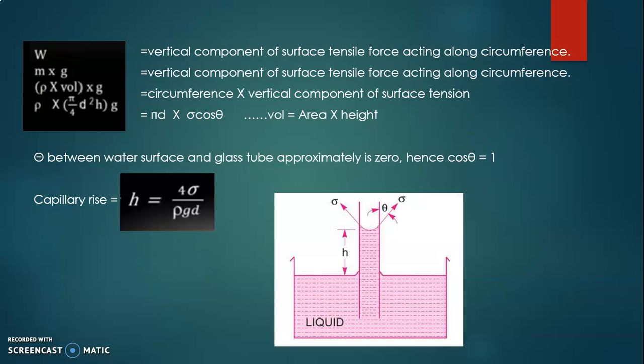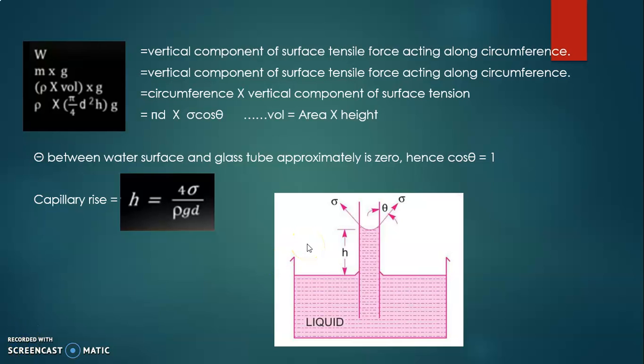So as we need to find the expression for capillary rise, h equals 4 sigma cos theta upon rho g d. Theta between the water surface and the glass tube is approximately taken as 0. Hence, cos theta will be equal to 1. So the final expression for capillary rise is h equals 4 sigma upon rho g d.